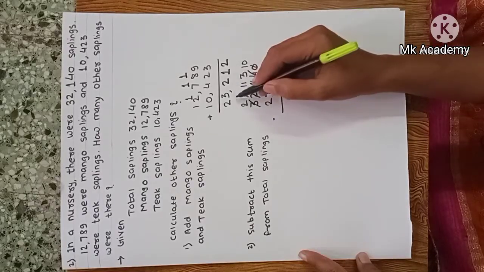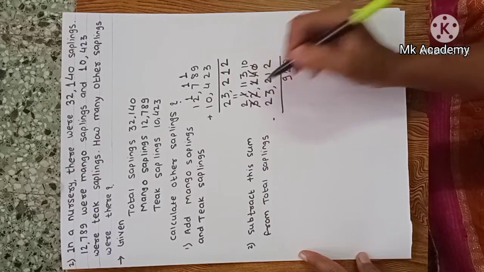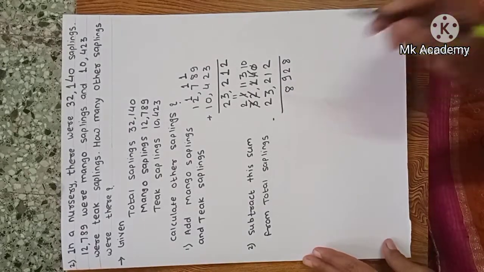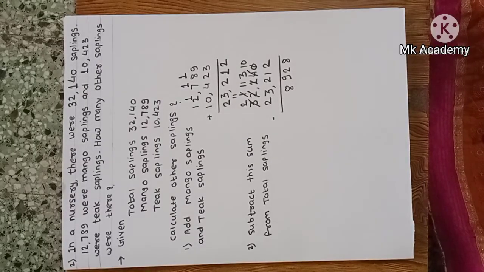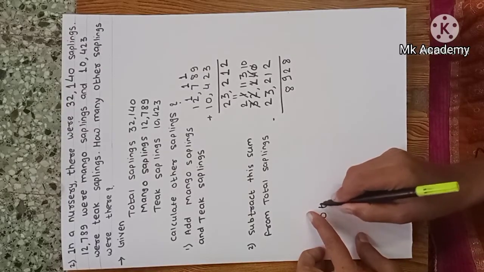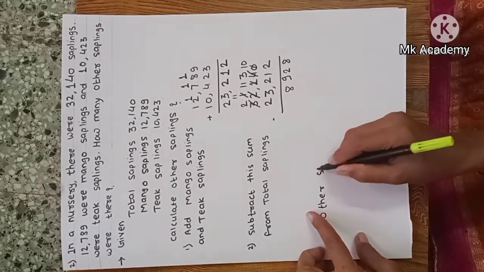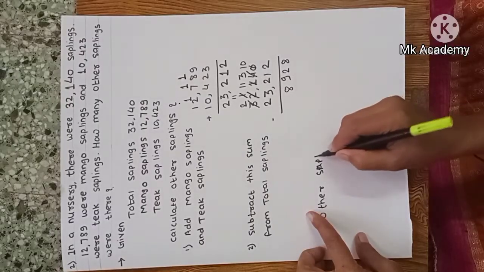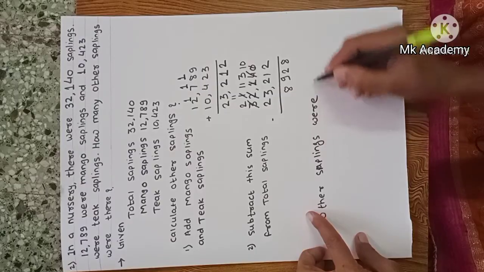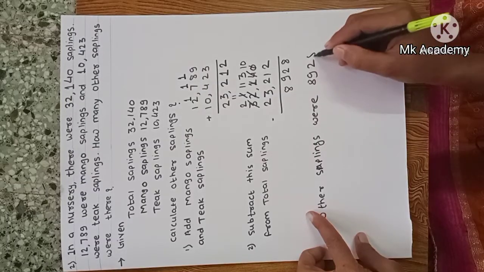Here we get 11. Now 11 minus 3, 8. This means other saplings were 8,928.